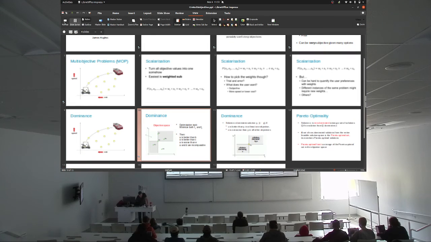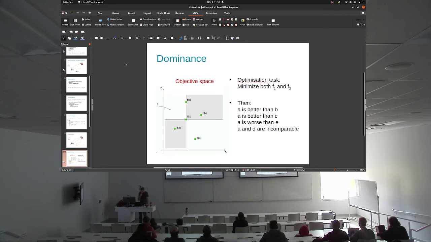Slide. Normal? Okay. So there's this idea of dominance. And this is what we talked about a moment ago when we talked about that car example. So optimization task: minimize both F1 and F2. And we've got a bunch of things there.